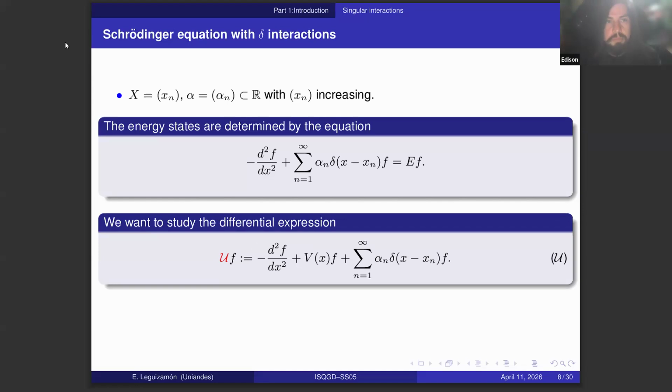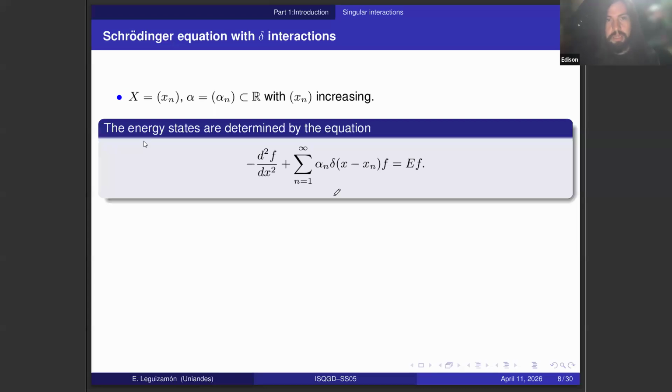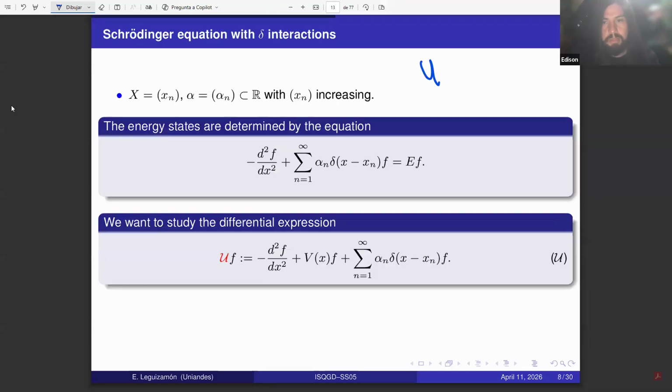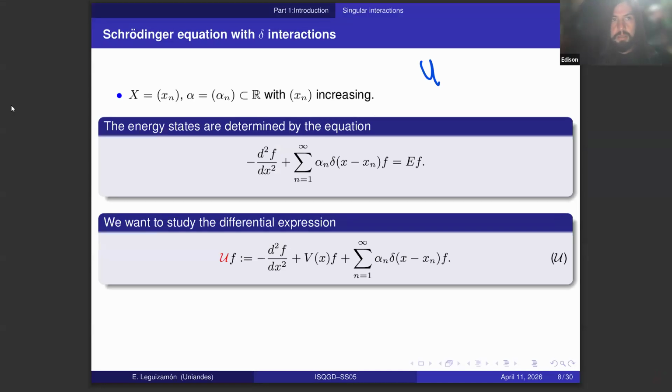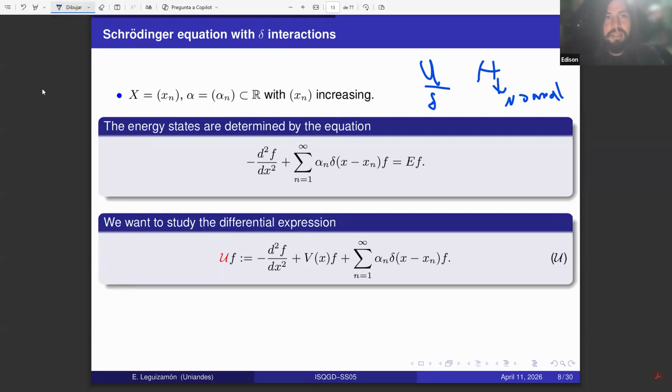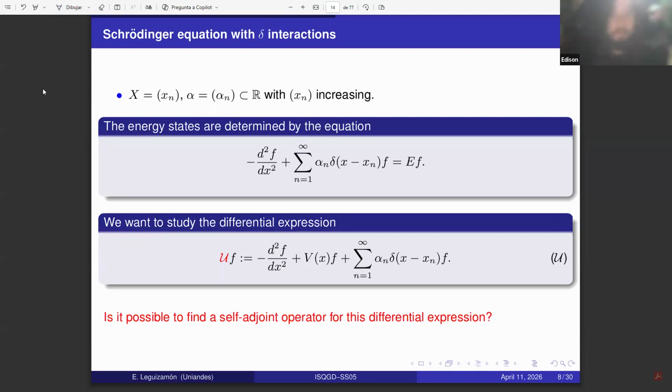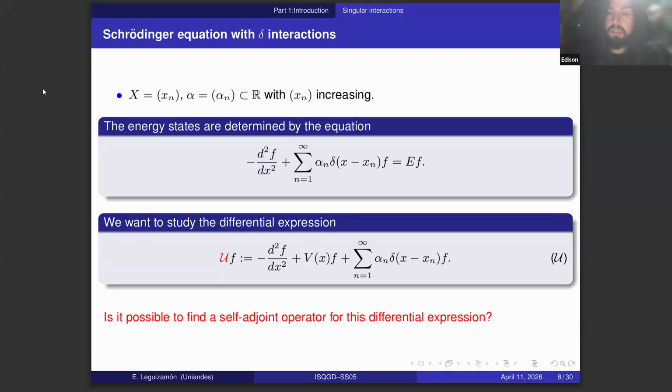Please note that we now have the differential expression with U having the deltas and H the normal Schrödinger, non-normal as an operator. Of course, the question here is whether it is possible to find a self-adjoint operator for this differential expression. It's not so simple in general, but in some cases, yes.